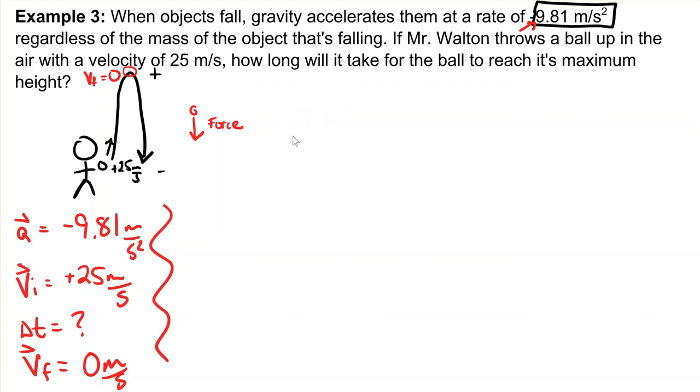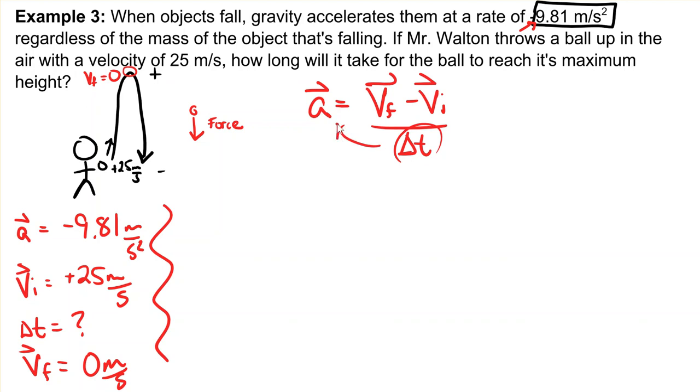So if we're looking for delta t, let's go back to our original equation, Vf minus Vi over delta t. If we want delta t, remember we just need to swap delta t and a. Whoop, whoop. And we're going to get delta t equals Vf minus Vi over a. And then we just plug in all our information.